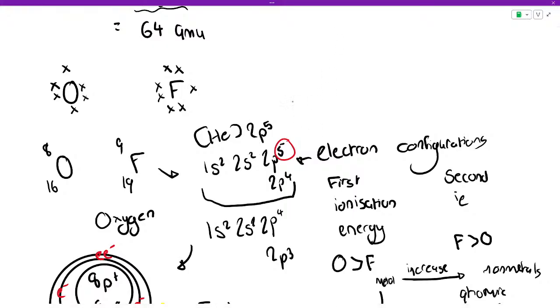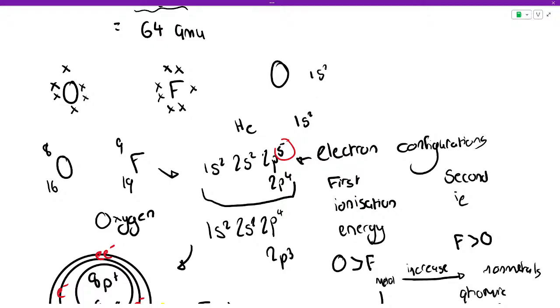Wait, can you explain the noble gas thing that you just did? Okay, right. Let's look at oxygen. Oxygen is not a noble gas, we know this because it's not in group 18. The closest one is not neon, because we're not going to gain. So we look at the one before oxygen, which is helium. Helium has 1s2.